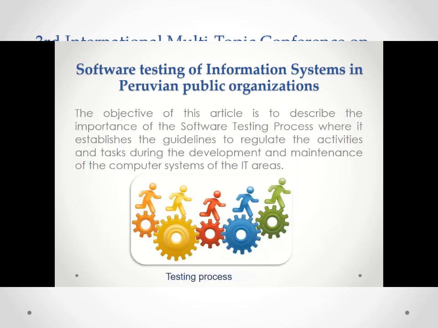And so the objective of the paper is to describe the importance of the software testing. This importance is where it established the guidelines to regulate the activities and tasks during the development and maintenance of the computer system of the IT areas.